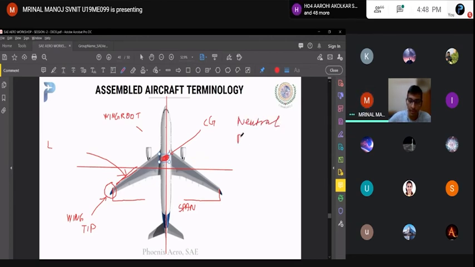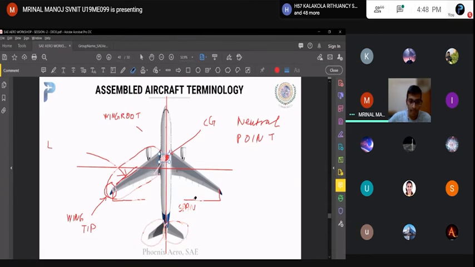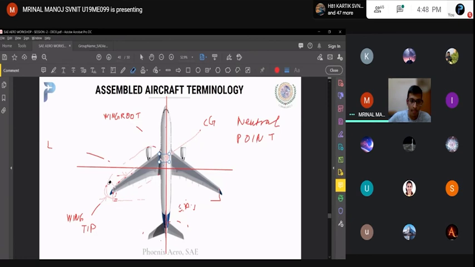Neutral point. Now, what this neutral point exactly is: you know that the horizontal stabilizers produce lift and even the wings produce lift. Now, where was our CG?